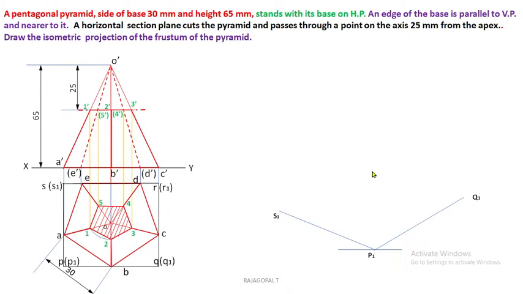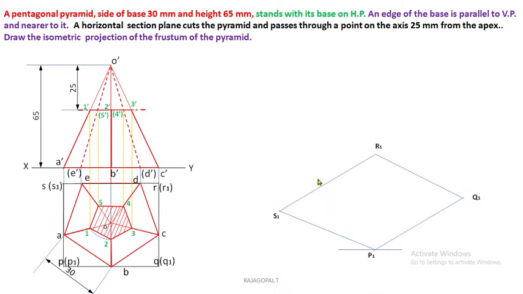Both will meet at one point, make it as R1. Otherwise, simply you can draw a line using measurement parallel to P1 S1 and Q1 R1 and P1 Q1 as S1 R1. So this must be equally inclined 30 degree. P1 S1 and P1 Q1 must be 30 degree inclined to this reference line.